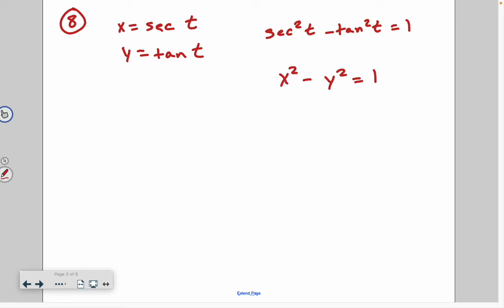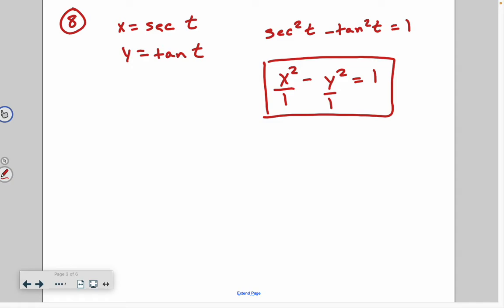And if you graph this, you could think of these both as over 1 if you really wanted to. What's the equation of this? It's a hyperbola. Why is it a hyperbola and not a circle? Because they're not the same sign. If those were both positive, that would be a circle. Because one's positive and one's negative, this is a hyperbola.